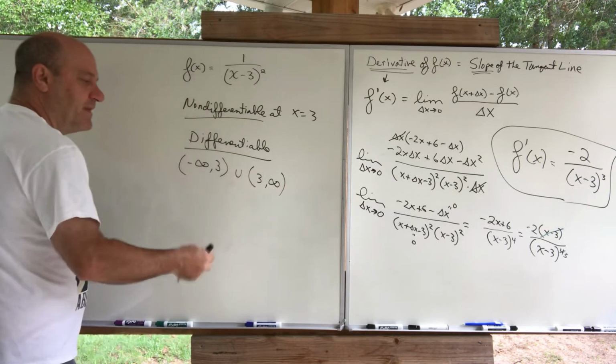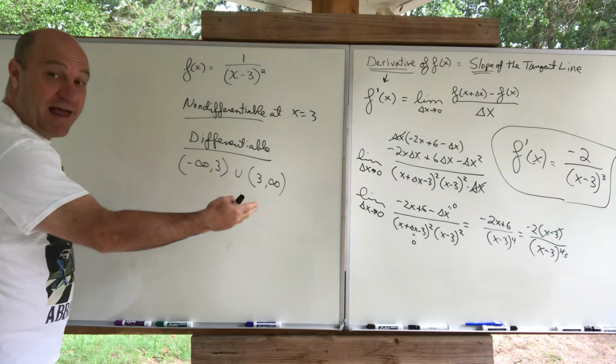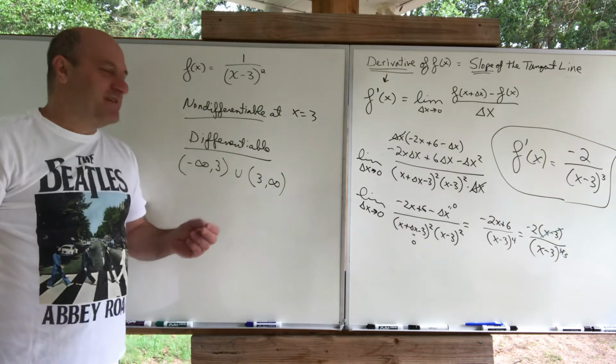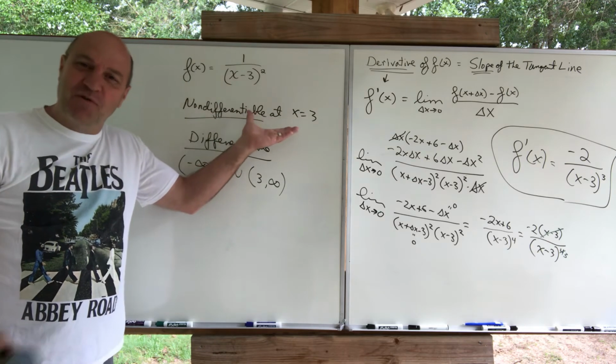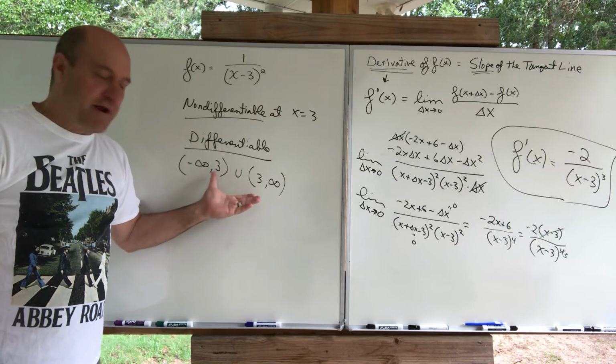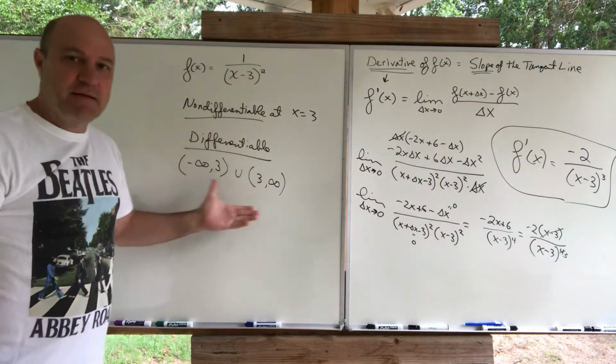I mean, that's the whole real number line, except I left out 3. So, it's easier to identify where it's non-differentiable. They often want you to tell them the answer, where is it differentiable? So, everywhere else.